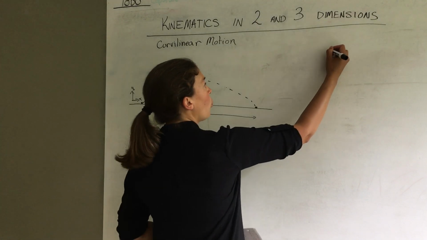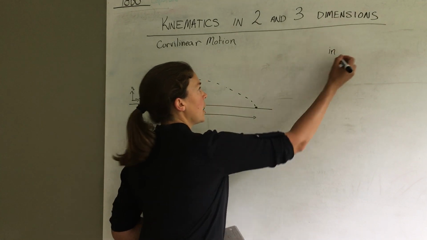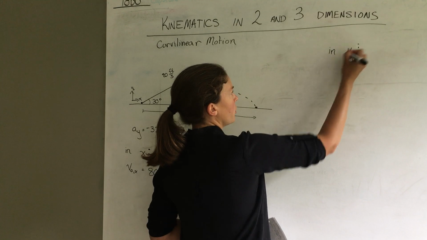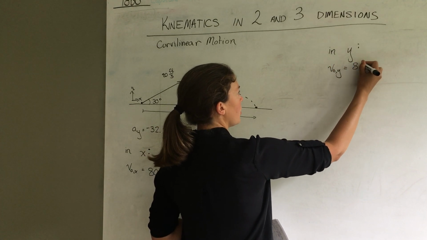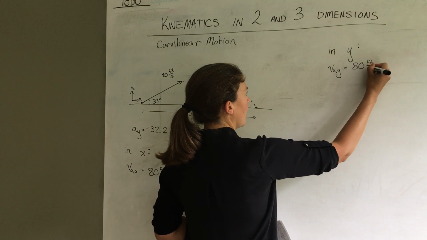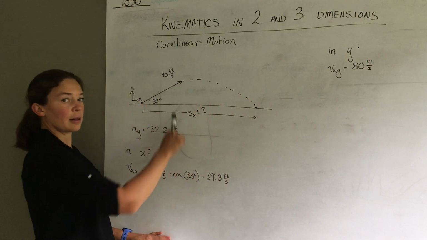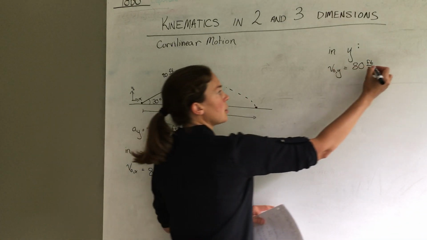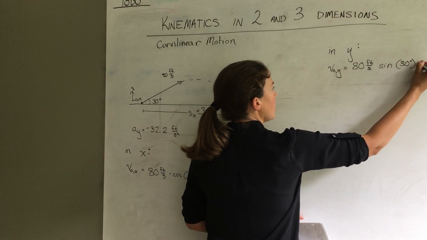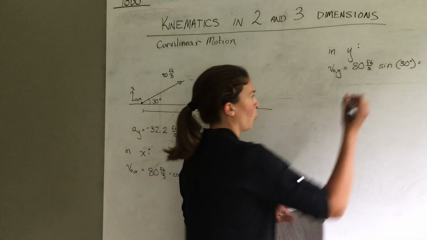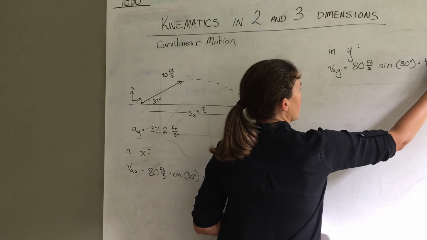Then I also have a y direction. In the y direction, I also have an initial velocity, v naught sub y. That's my 80 feet per second times the y component, the vertical component, which is the sine of 30 degrees. And so this is 40 feet per second.